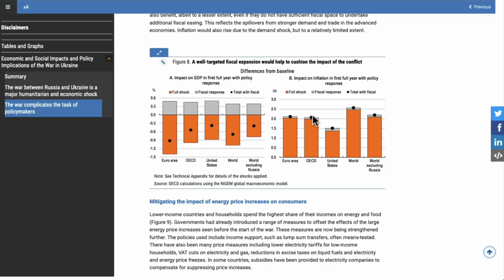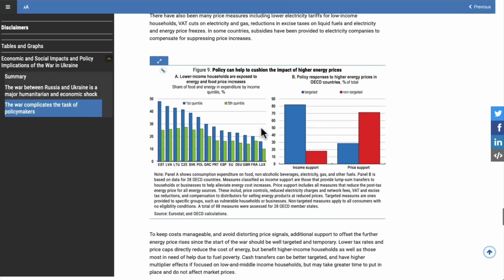There's no guarantee that any fiscal stimulus will actually have the multiplier that I think economists like to believe it will. So it's sort of suggesting that, yeah, you can minimize the hit, but you're still looking at a hit.